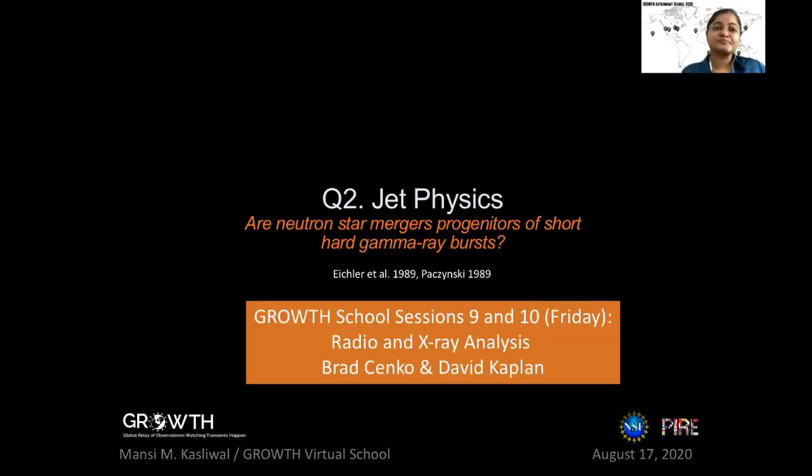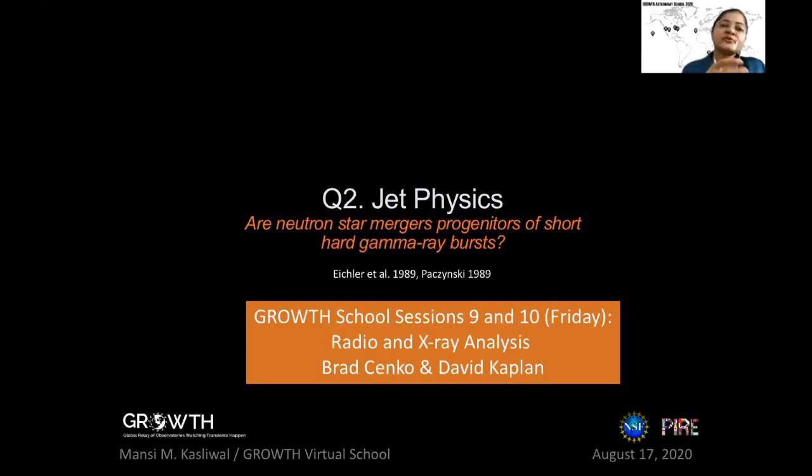Now, understanding and working with the radio and the X-ray data sets comes with its own challenges: X-ray because it has too few photons, and radio because it has too many photons. So there are some special techniques you need to master there. And Dr. Brad Cenko and David Kaplan will tell you more about these in sessions 9 and 10 on Friday.